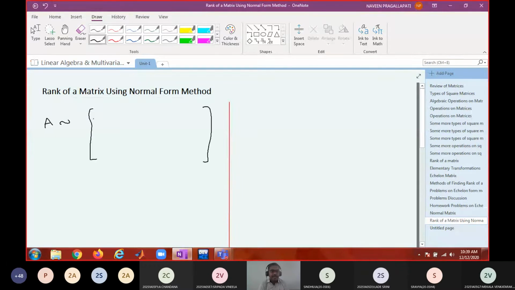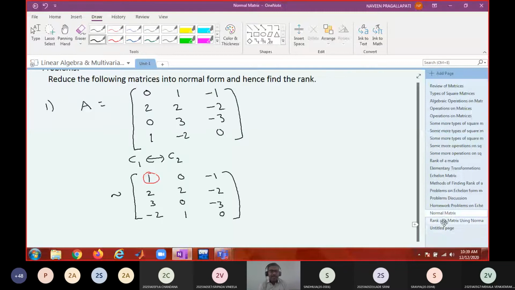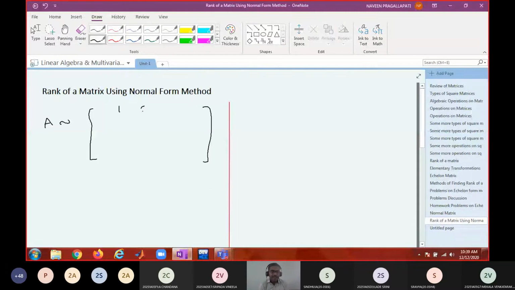First column. Are you telling the row or the column? Row, sir. 1, 0, minus 1, 0, minus 1. Next one: 2, 2, minus 2. Then 3, 0, minus 3. Last row: minus 2, 1, 0.